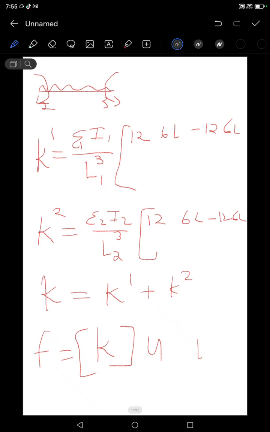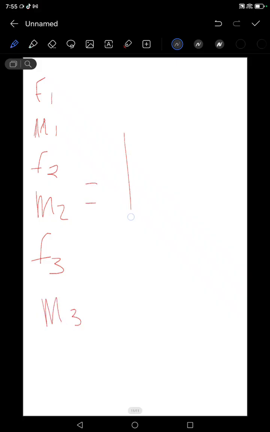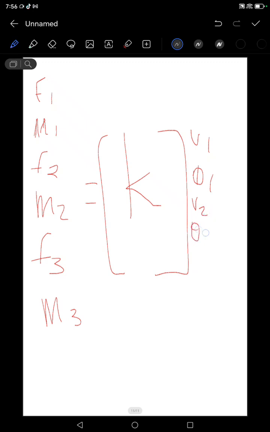So we're going to have F1, M1, F2, M2, and then F3 and M3, all equal to the global stiffness multiplied by V1, theta 1, V2, theta 2, V3, and theta 3.